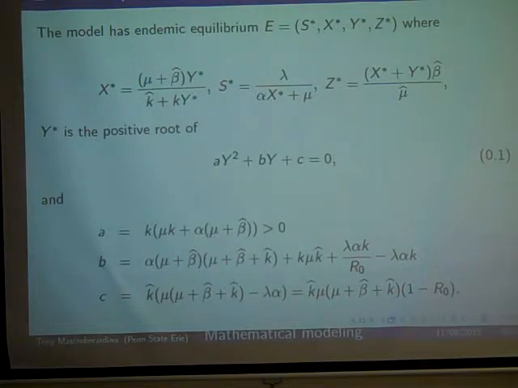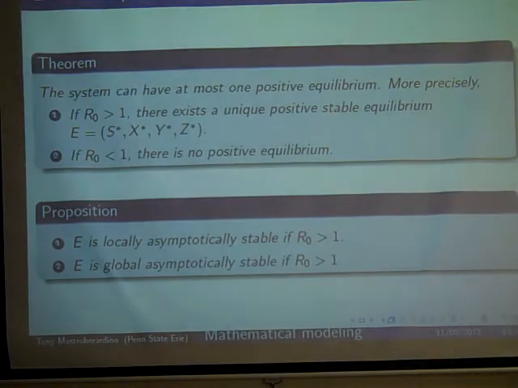If you look at the quadratic and these coefficients A, B, and C, Y star will be positive if C is negative. And that's when R sub 0, the basic reproduction number, is greater than 1. And so we have a theorem that the system can have at most one positive equilibrium, and this is when the basic reproduction number is greater than 1.